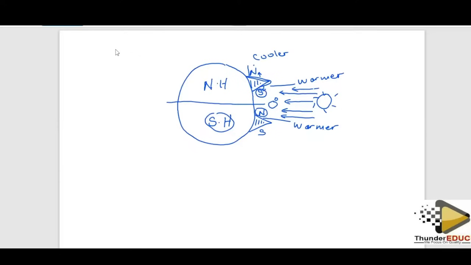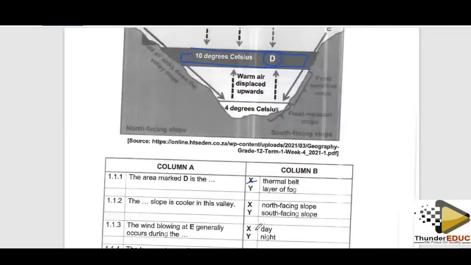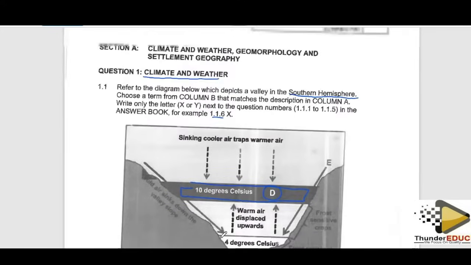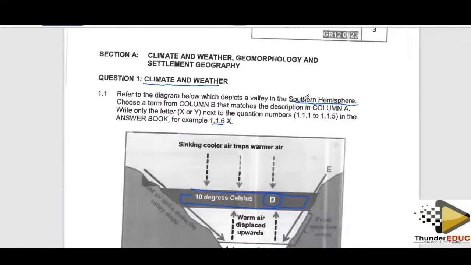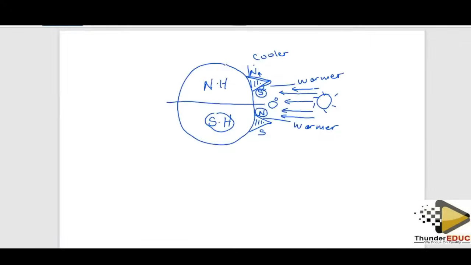So if you go back to our question, which says the slope is cooler in this valley. But now don't forget, this valley is situated in the southern hemisphere, right? According to our illustration here, meaning in the southern hemisphere, the south-facing slopes are cooler, yet the north-facing slopes are warmer.